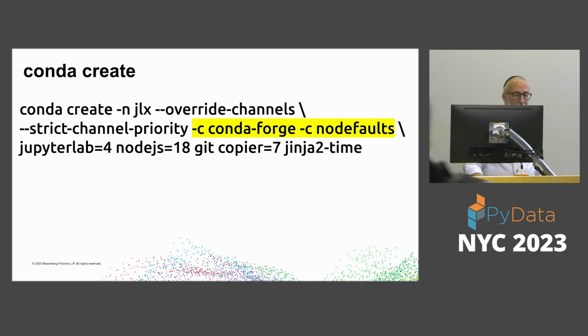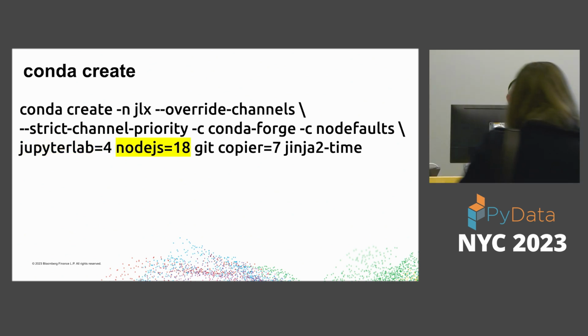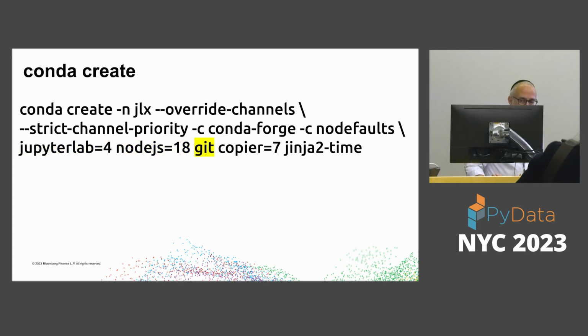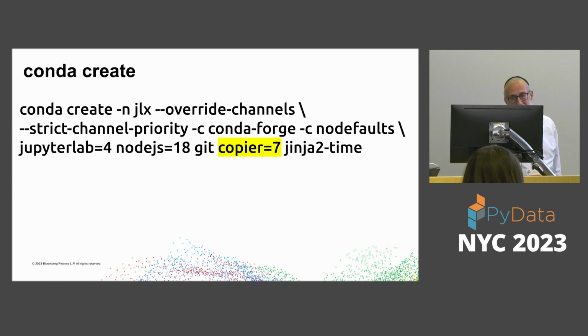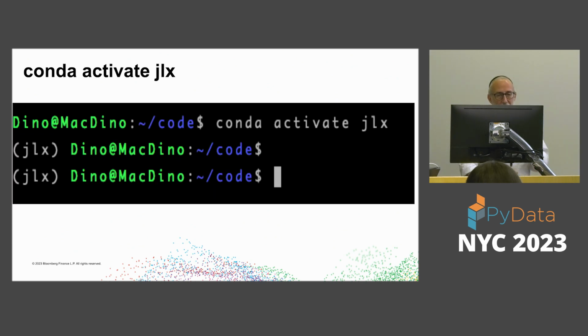We're going to pull in JupyterLab version 4, Node.js version 18, Git, Copier version 7, and Jinja 2 time is something that Copier needs. It's not used for JupyterLab as far as I know.